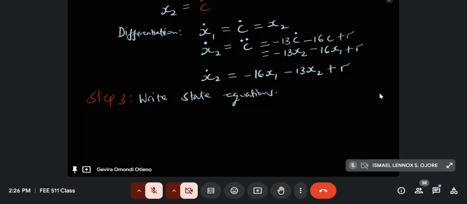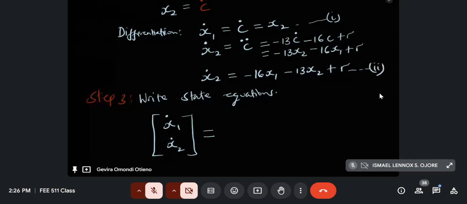Step 3, we now write state equations. So in our case here, you can see writing state equations will be x1 derivative, x2 derivative. That's on the left hand side. Then on the right hand side, we can see what corresponds to x1 because we now have this equation. I'm using this as equation 1 and this as equation 2.